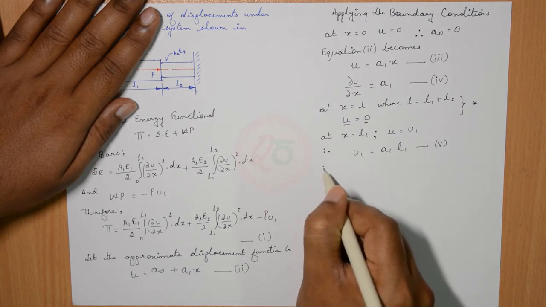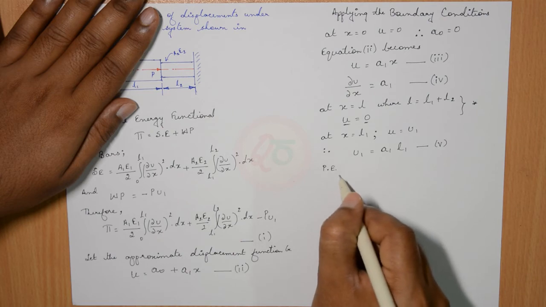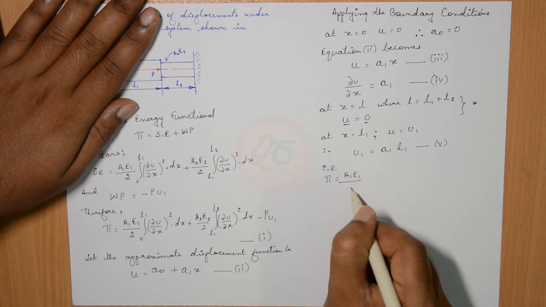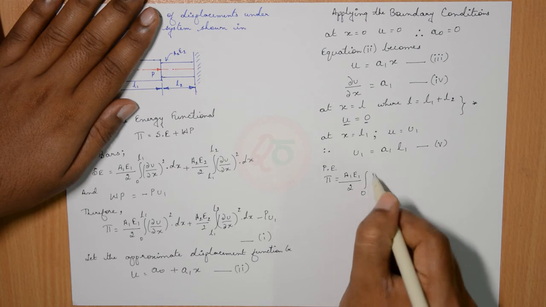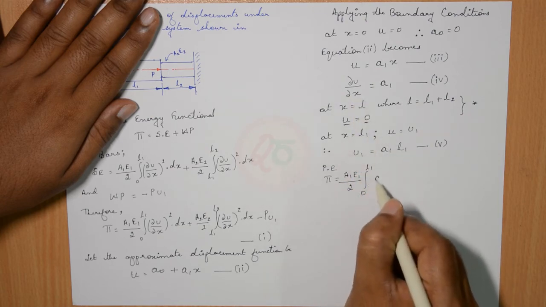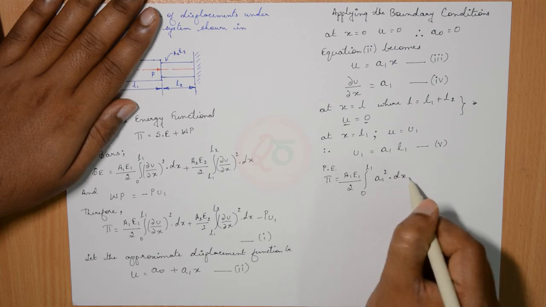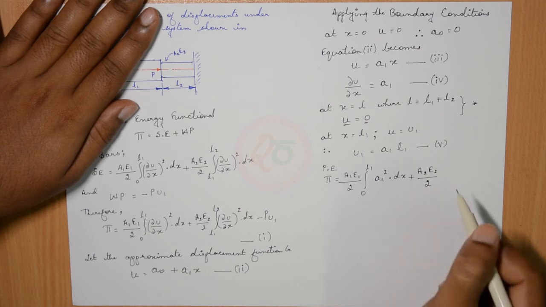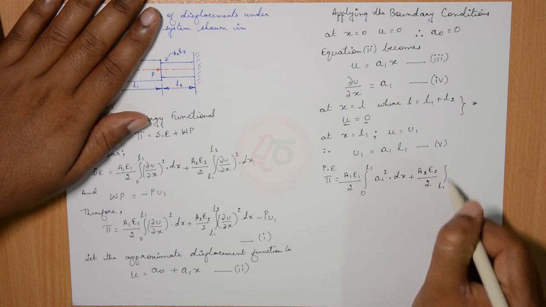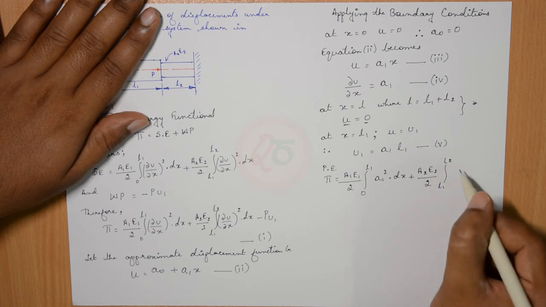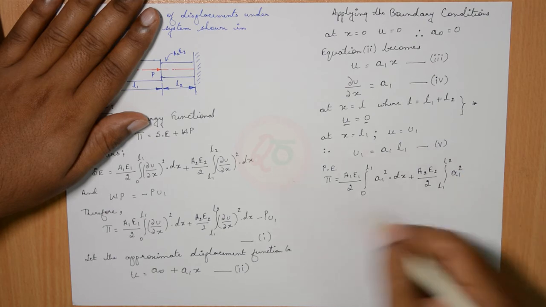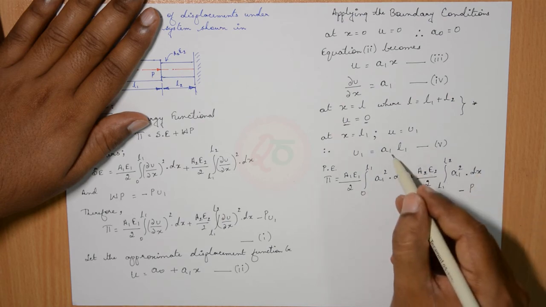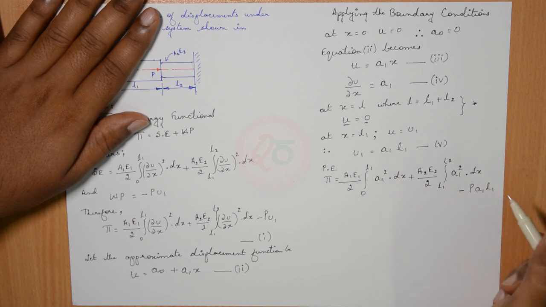Therefore, the potential energy functional pi becomes A1 E1 by 2 integral 0 to L1, dou u by dou x is a1, so a1 square dx, plus A2 E2 by 2 integral from L1 to L2, dou u by dou x is again a1, so a1 square dx, minus P into u1, which is a1 L1.